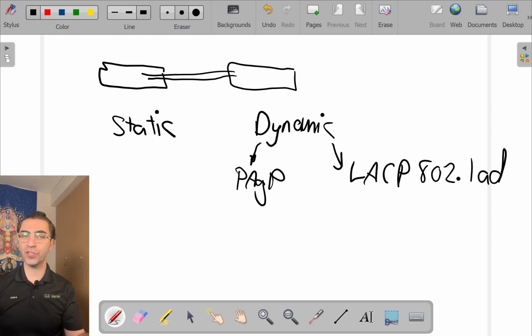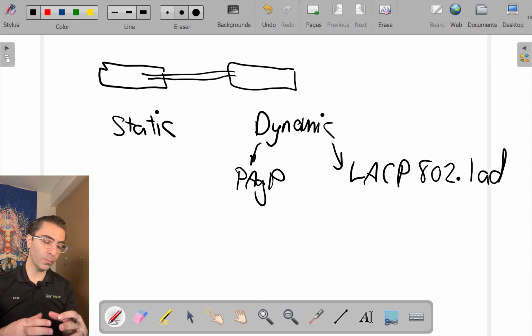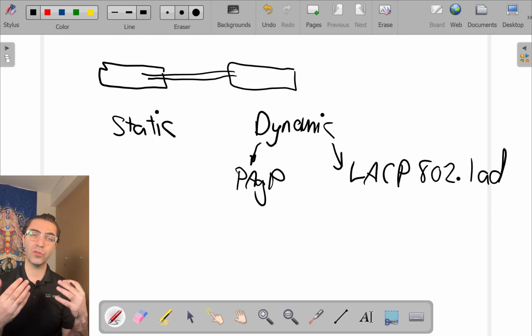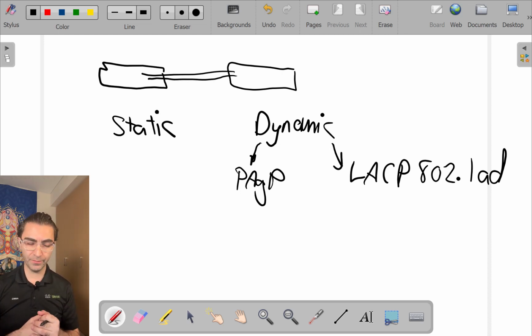But if those conditions are not met, then that link or those links may not come up at all, so you will lose the whole communication between the two switches. But if you're using dynamic, port channels may not be formed, but the links will not go to a down state. They will work individually.